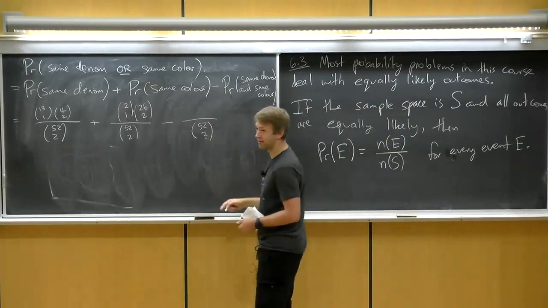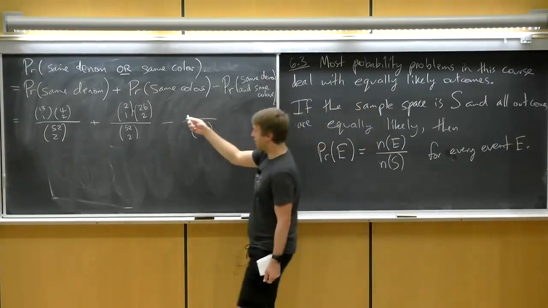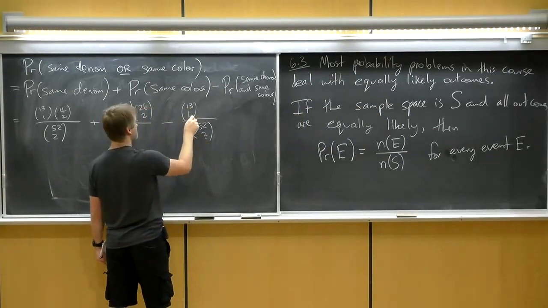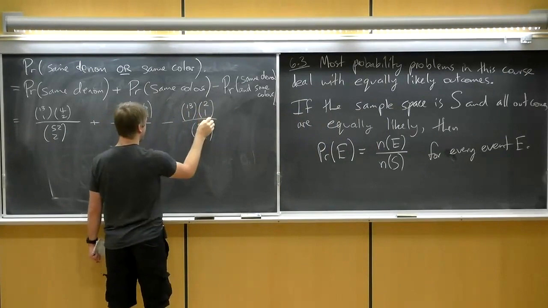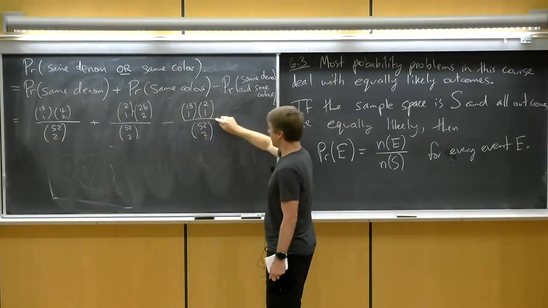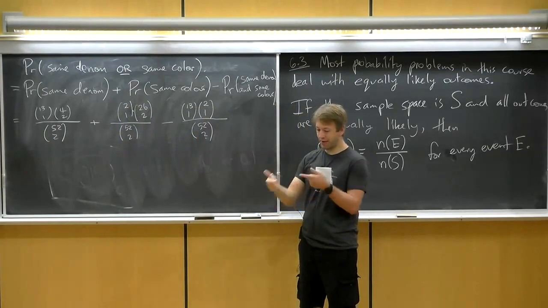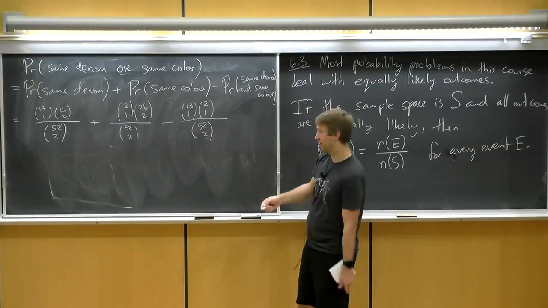This is the easy part, right? The denominator. So the way I'll think about this is, again, I'm going to pick a denomination, and then I'm going to pick a color. If I pick aces, and then I pick red, there's only 2 red aces, right?